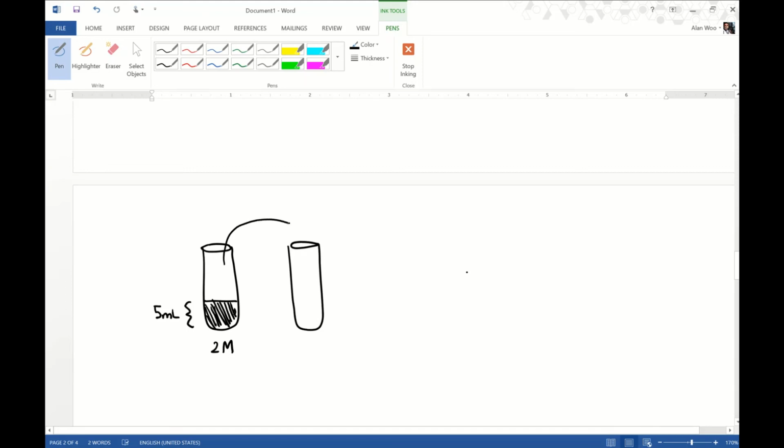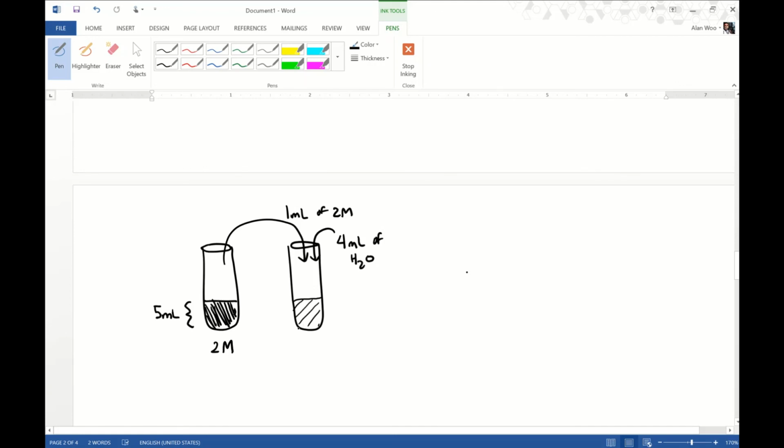If I take 1 milliliter of the 2 molarity and I add in 4 mils of water, it's going to be diluted.